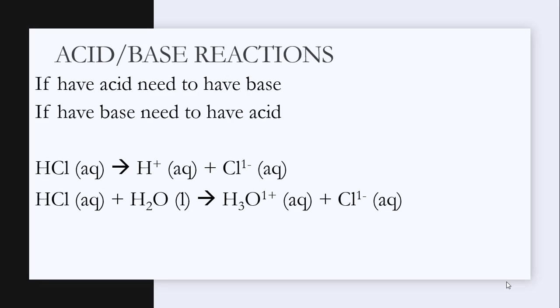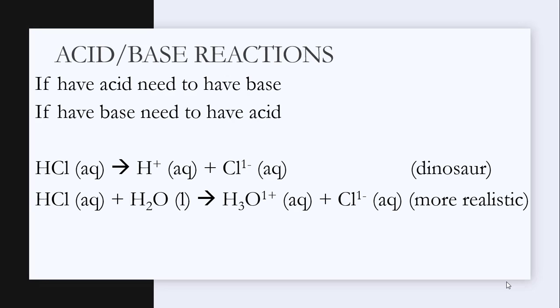A more correct way to write this is aqueous hydrochloric acid interacts with the water molecules to produce a H3O1+ or hydronium ion, which is aqueous, and the chloride ion. People like me, otherwise known as dinosaurs, frequently will write the ionization in the first way.